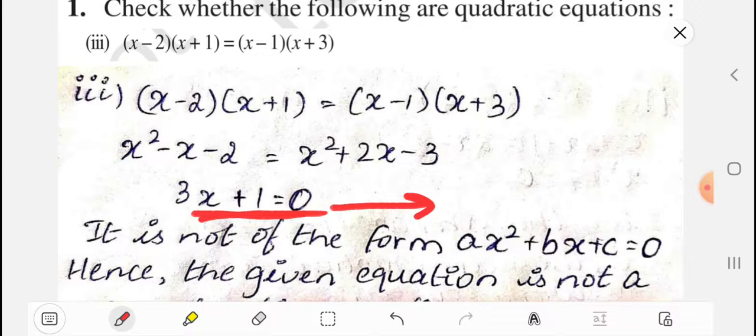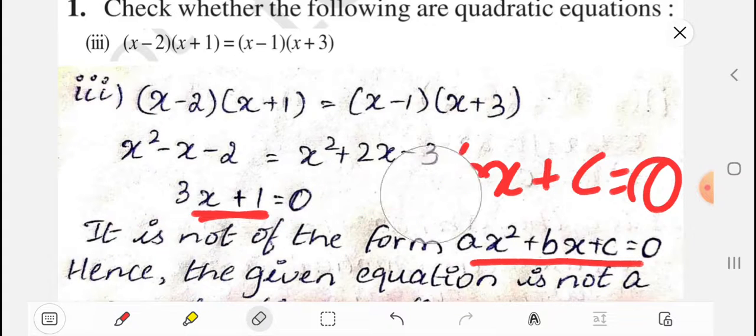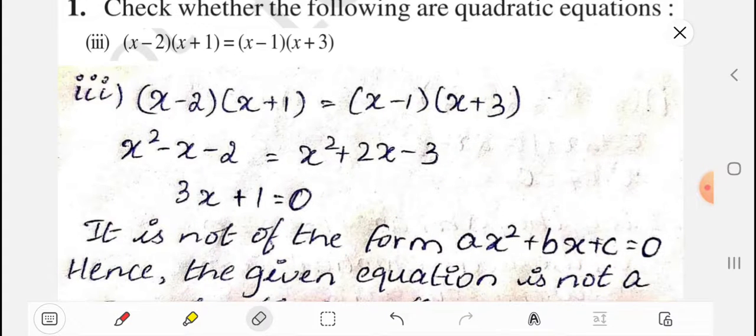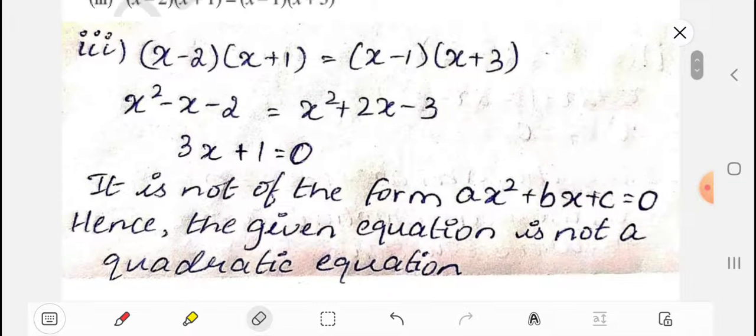What we observe here is that the final answer is not in the standard form ax square plus bx plus c equal to 0. Instead, it is of the form bx plus c equals 0, which is not a quadratic equation. Therefore, the given equation is not a quadratic equation.